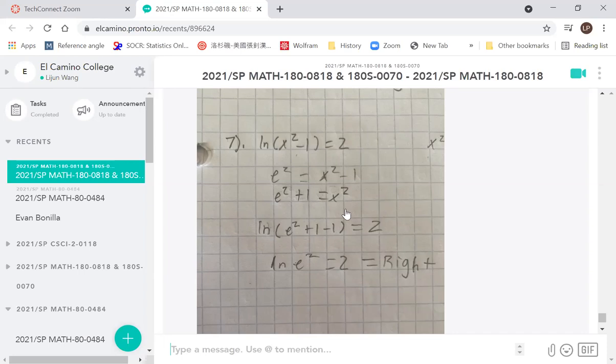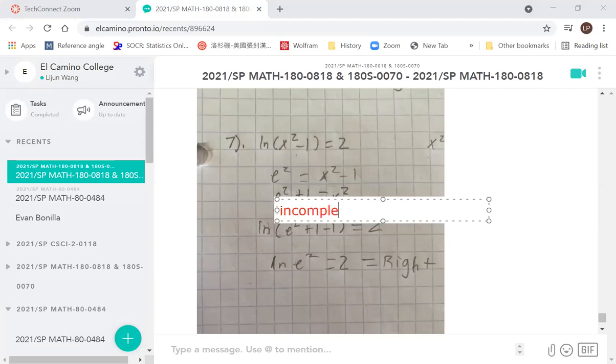Okay, so that's what you meant. You get x squared equals e squared plus 1. This work you do is considered incomplete, because we want to know the value of x. You have only gotten the value of x squared. You follow me?